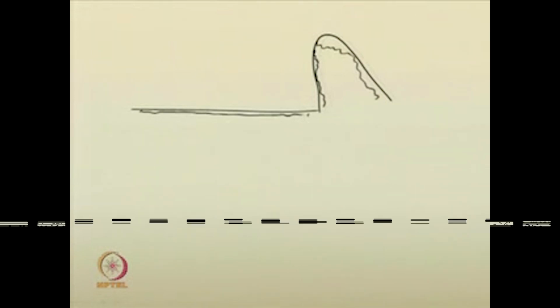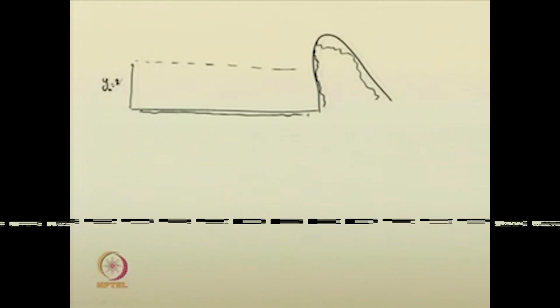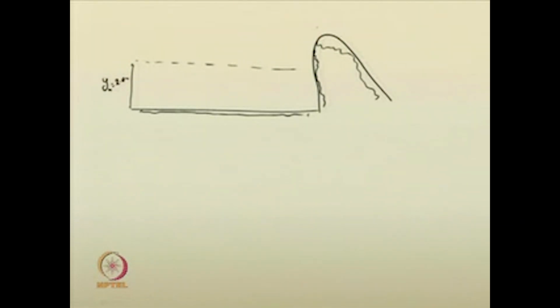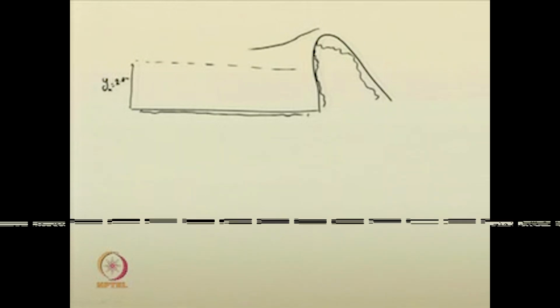The normal depth was like this, yn is equal to 2 meters. Due to the dam, the flow profile became an M1 curve. Here the depth is 3.5 meters.